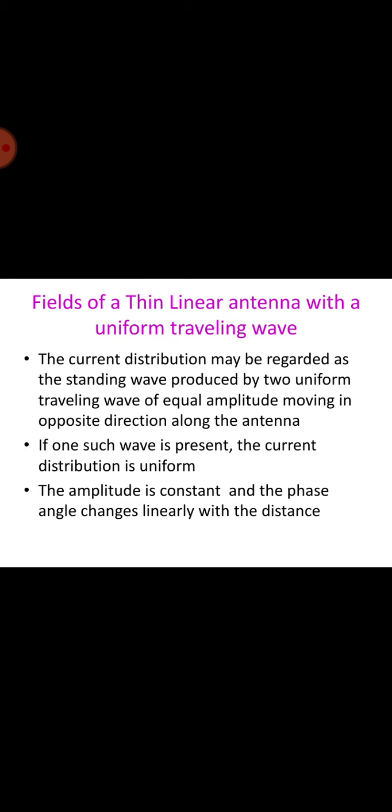If, however, only one such wave is present on the antenna, the current distribution is uniform. The amplitude is constant along the antenna and the phase changes linearly with the distance, as you can see in this figure.